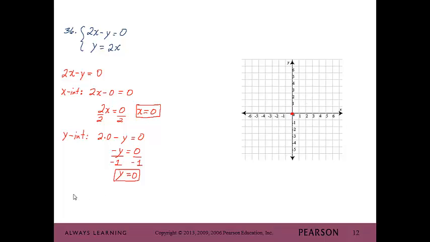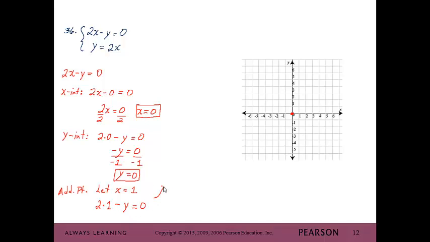So let's go ahead and choose an x, plug it in for x, and then solve for y. So for your additional point, let's say we let x equal 1. So we're going to plug it in. So we're going to have 2 times 1 minus y equals 0.